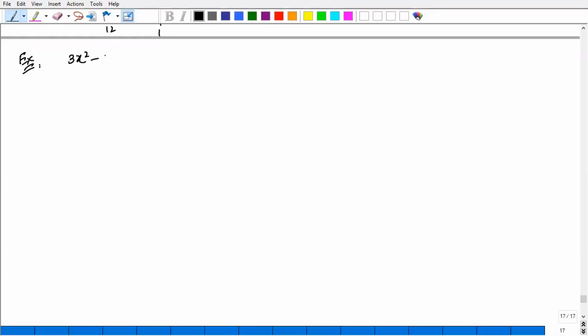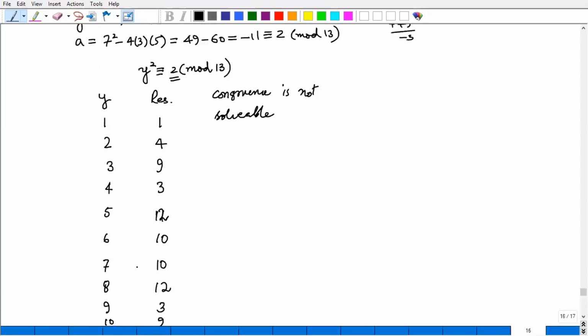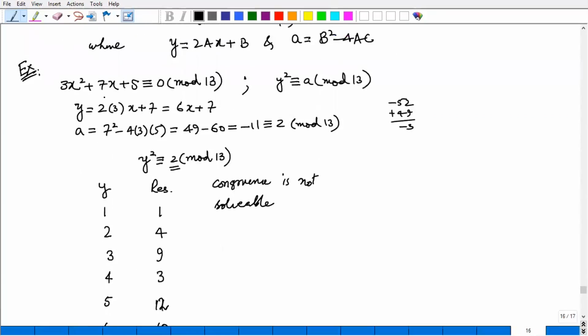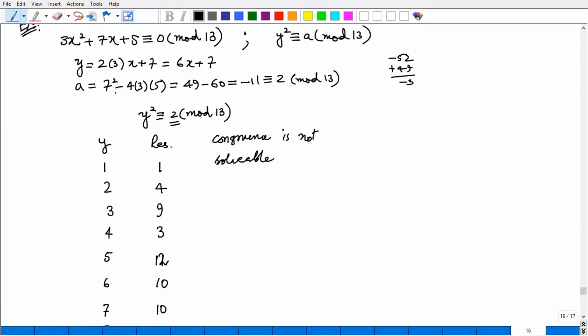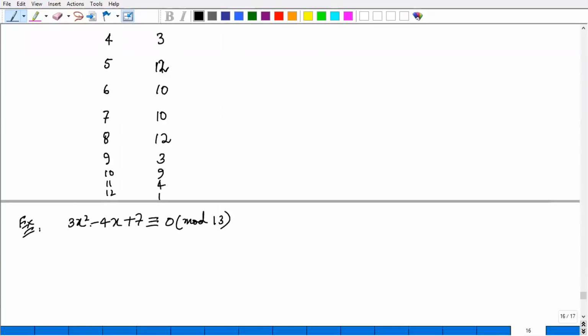3x squared minus 4x plus 7 congruent to 0 modulo 13. Same things, but we have negative 4x and plus 7 here.